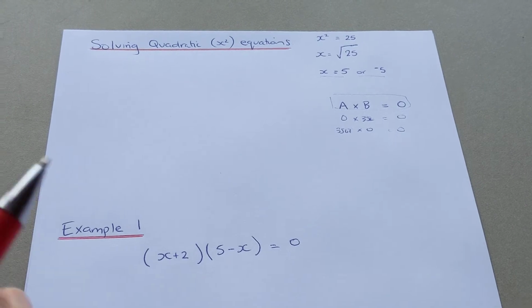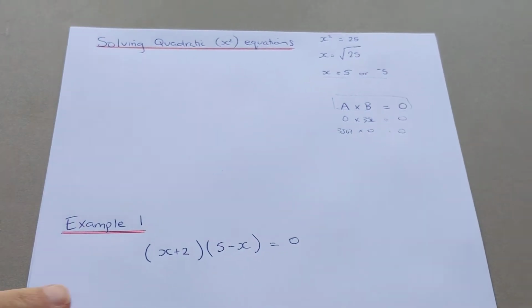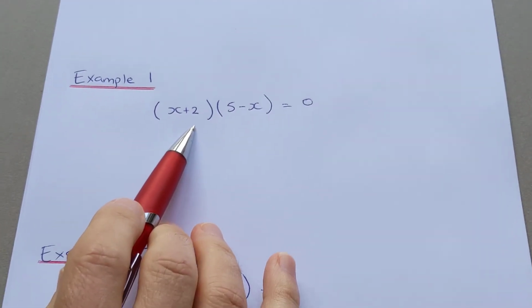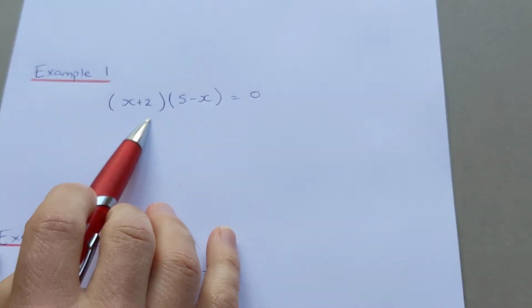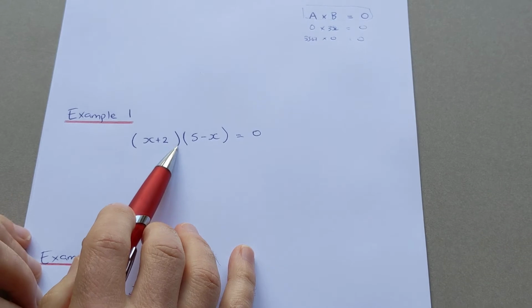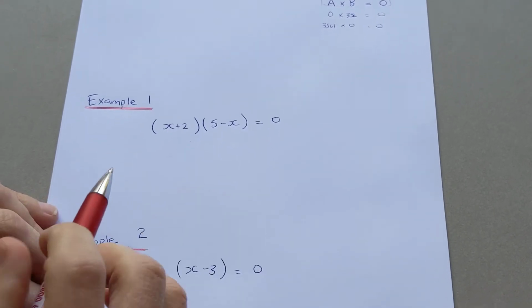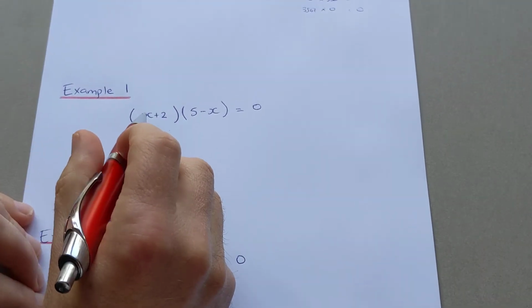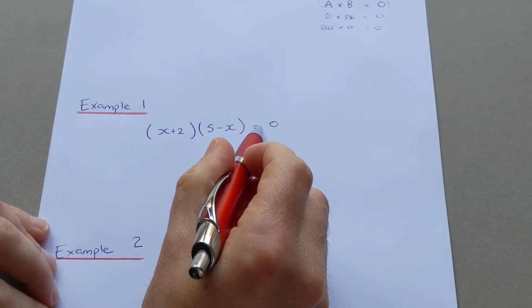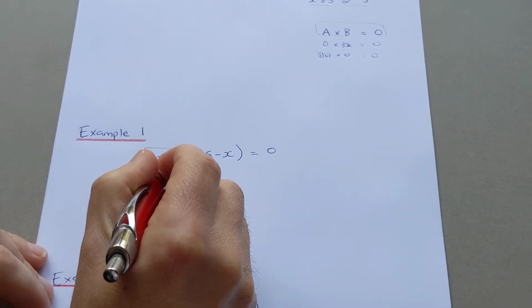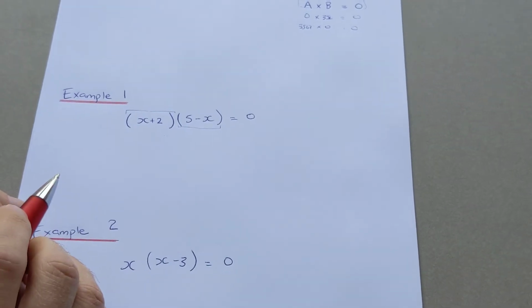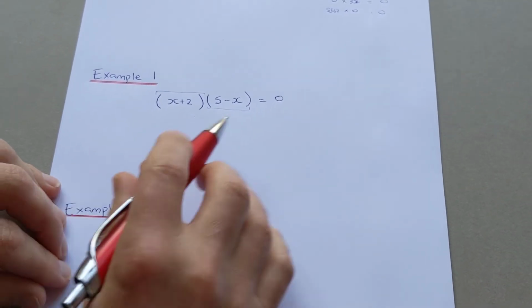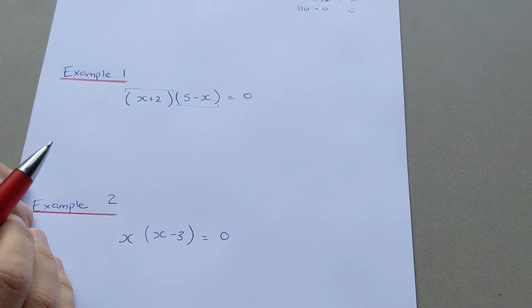And that brings us to these quadratic equations. I want to start with the example here. In this case, we have two brackets which are multiplied together. But what I know is, because it equals 0, if that bracket or that bracket is equal to 0, then my final answer will be 0.